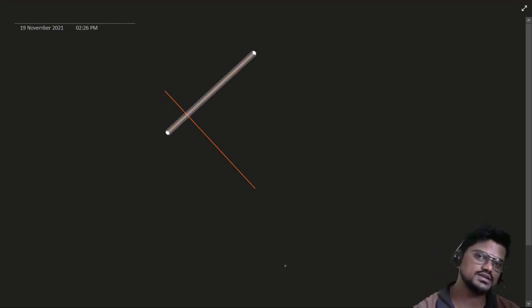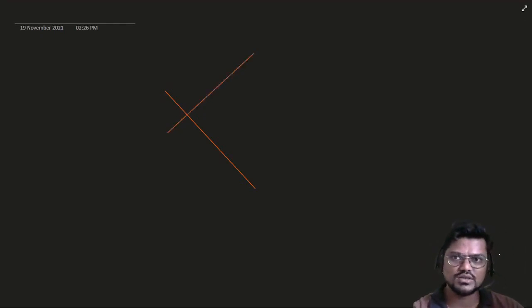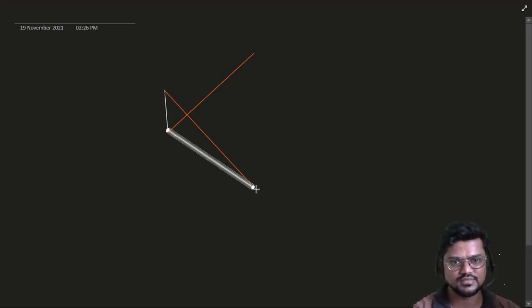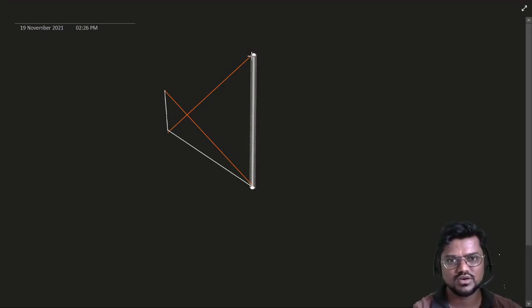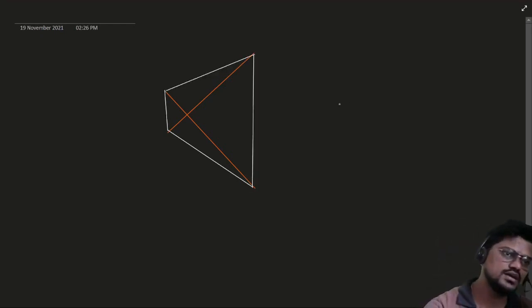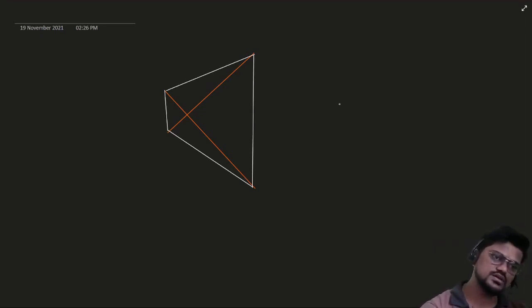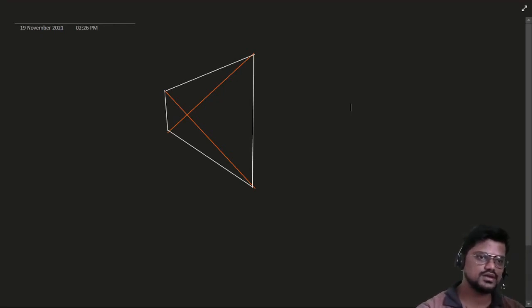Over here the two diagonals are perpendicular, but if I draw the quadrilateral for this, it is not necessary that it will be a rhombus or anything like that. It can be any shape of quadrilateral. Over here also the diagonals are perpendicular, but it is not even a kite, not even a rhombus, not even a square. But still, the diagonals can be perpendicular. Got it? It is not necessary.